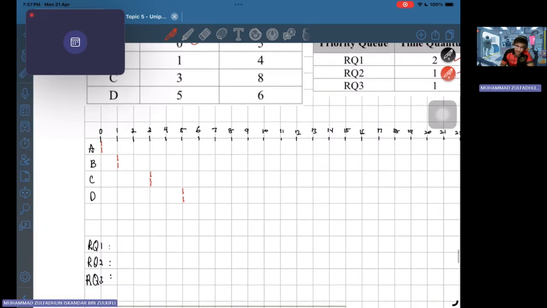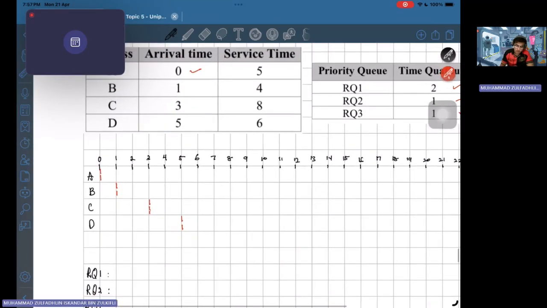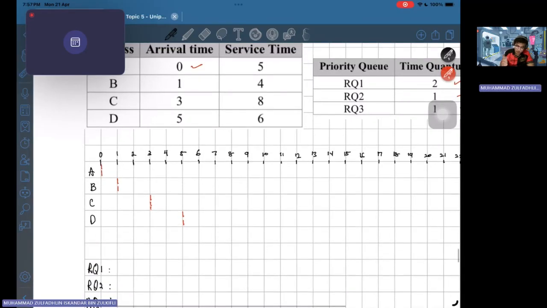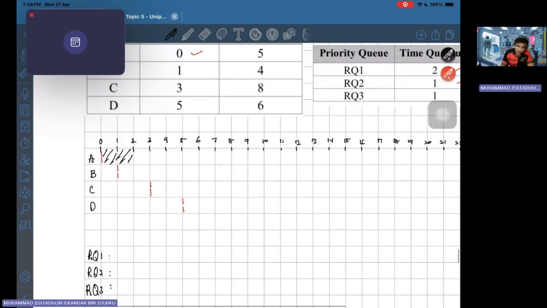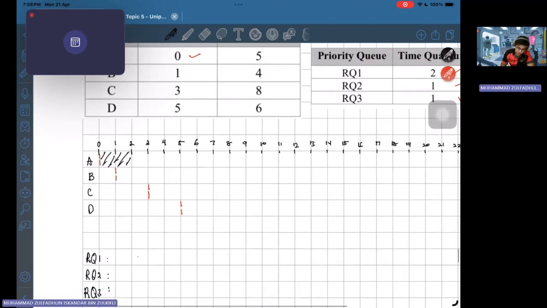So the first process that arrived is A. So A, we must run for 2 time units. But before A completes, B has arrived at T equal to 1. So we must put B in RQ1.